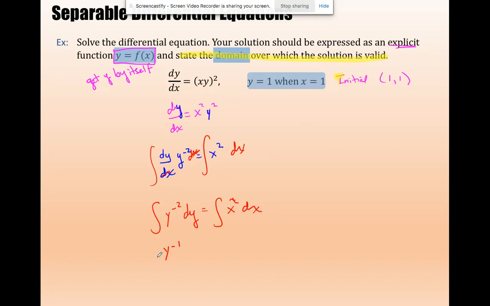Power up, divided by -1, plus c. Let's solve for c.